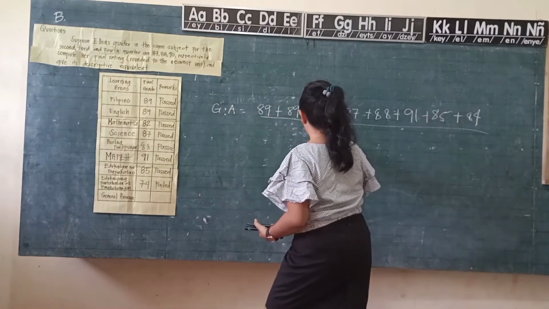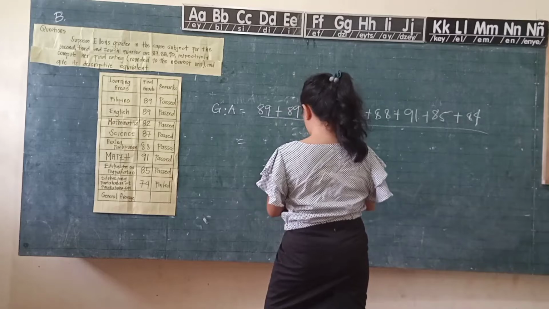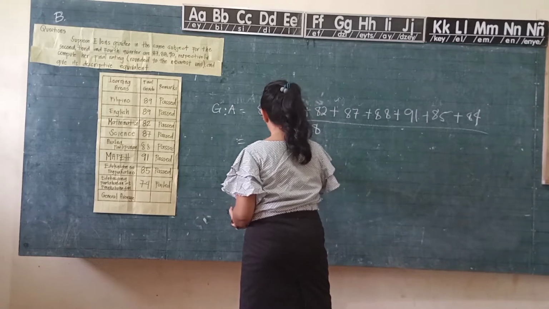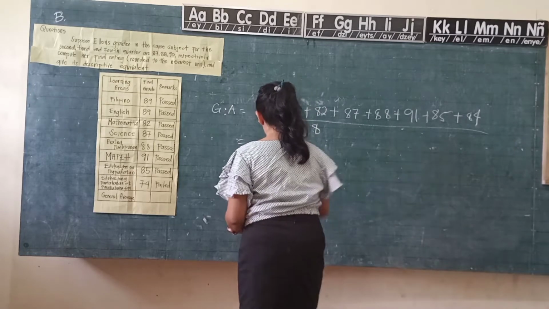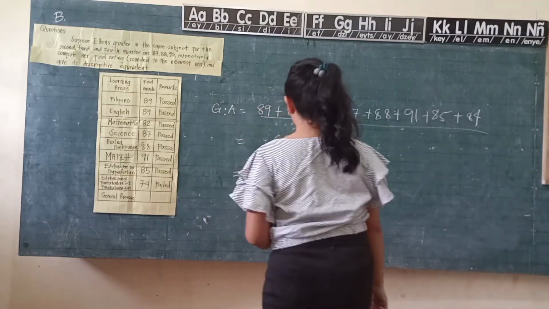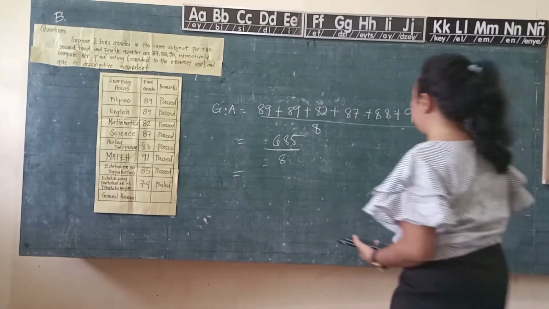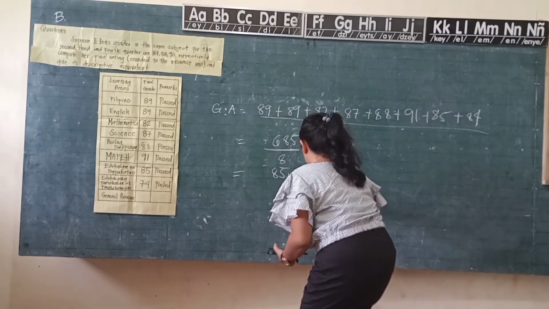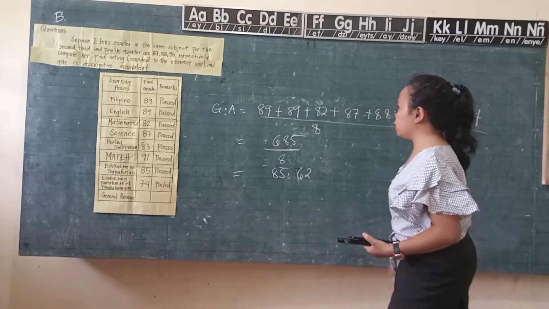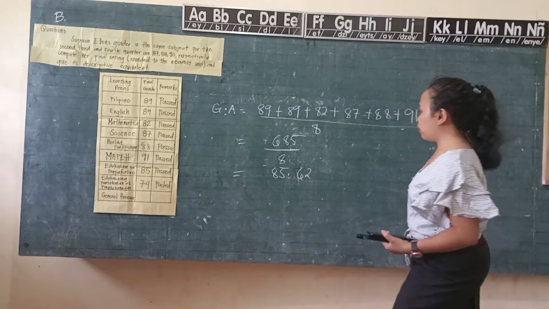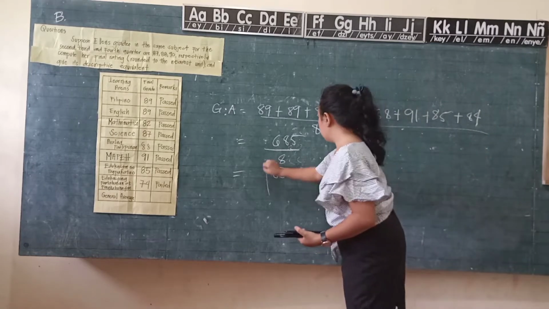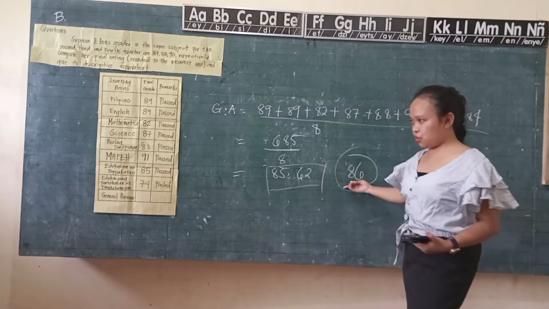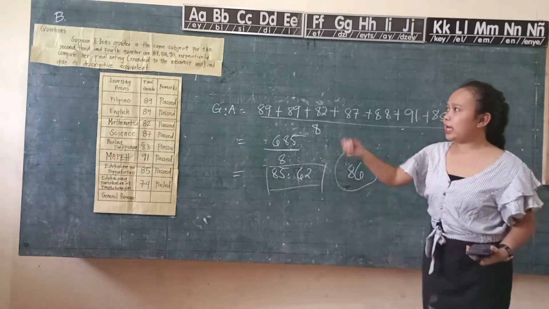So divided by 8. 685 divided by 8 will be 85.62. So we are going to round it to the nearest unit, which will be 86. So 86 is the general average.